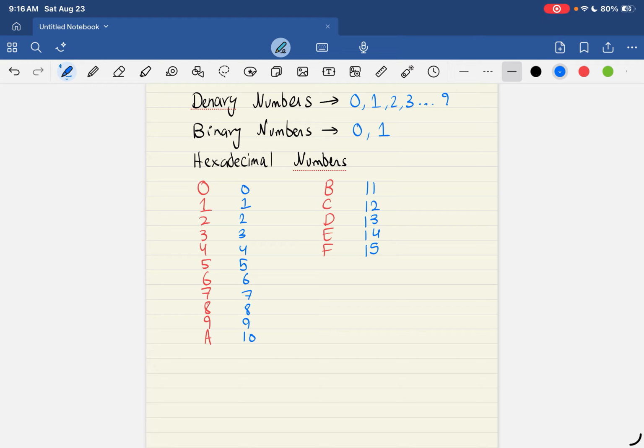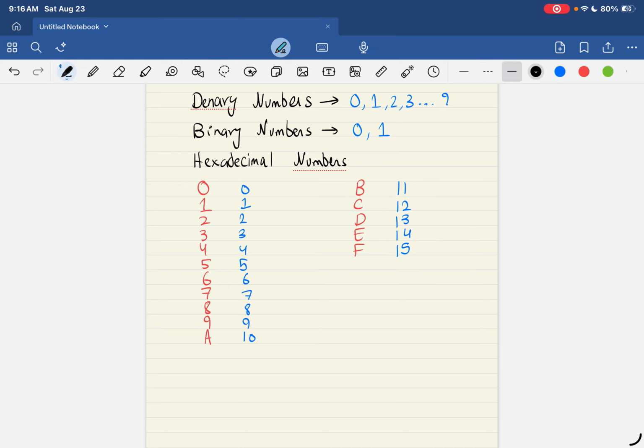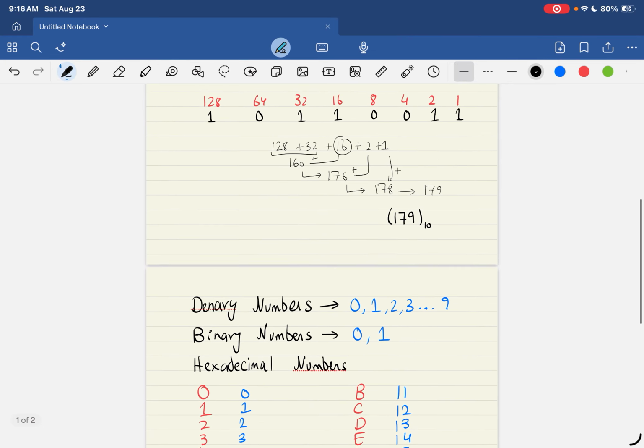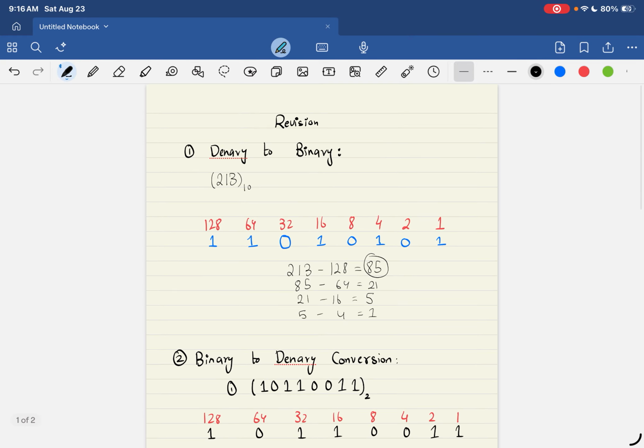One thing you should remember is that all these hexadecimal numbers can have a binary equivalent, found in just the same way as we found the denary equivalent of 213 or 170 in the previous videos.